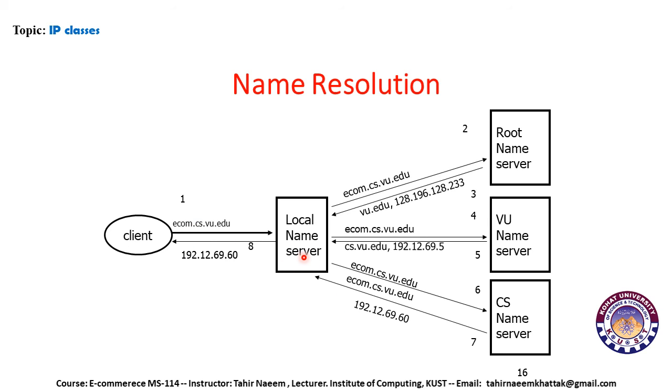Here the local name server stores this IP address as well as forwards it to the client. So this is the 8th step. These are the steps 1, 2, 3, 4, 5, 6, 7, and the last one is the 8th. So this is the whole process of name resolution.